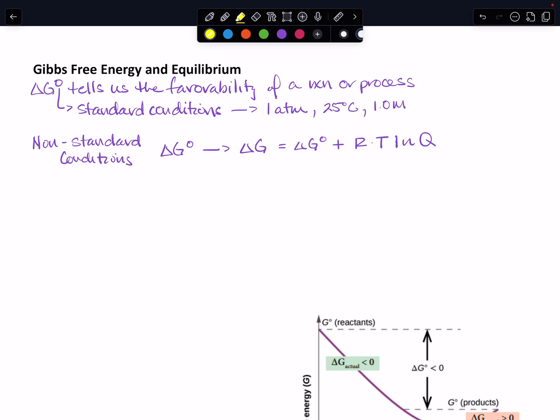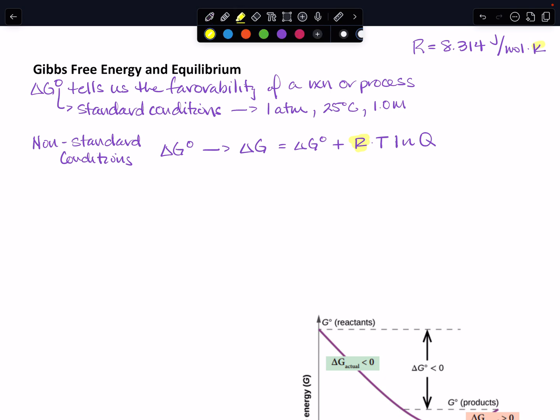Now you can see our friend, the gas law constant here, R. It's going to be a little different for this setup because we're dealing with energy values versus gases. So we're going to use 8.314 for that numerical value, and our unit will be joules per mole Kelvin.